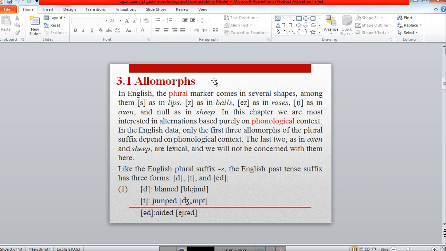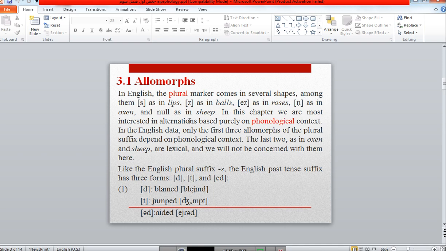What is allomorph? The term allomorph was introduced in the first chapter, in two contexts. As you know, in some languages, like, for example, Quechua, we noted that the stem, for example, Baj, has two possible shapes, for example, Baj and Bej.